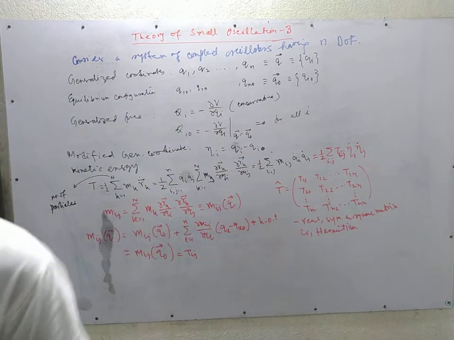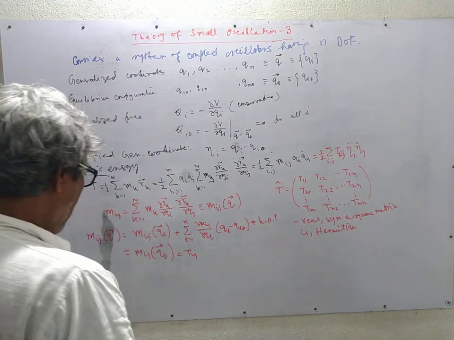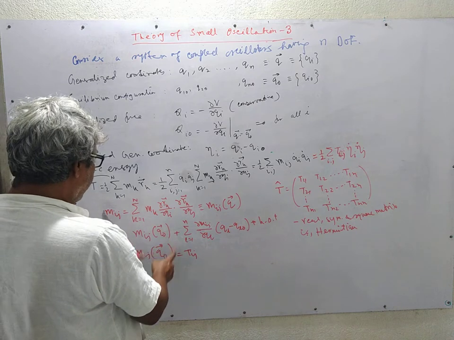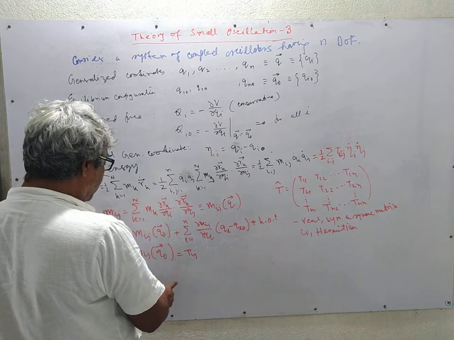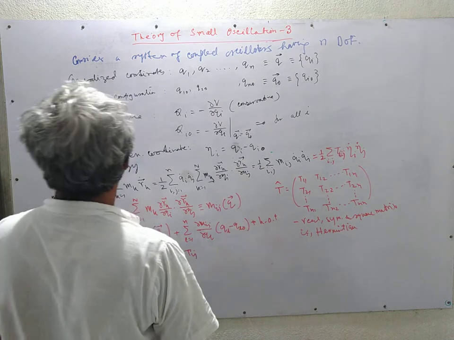So we have written the kinetic energy and potential energy as its components, so we can now define the Lagrangian. Recall that we have expanded Mij about the stable equilibrium position, and the value of Mij at the equilibrium configuration has been written as Tij.